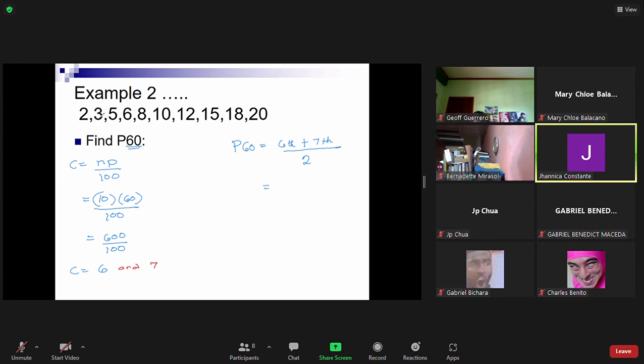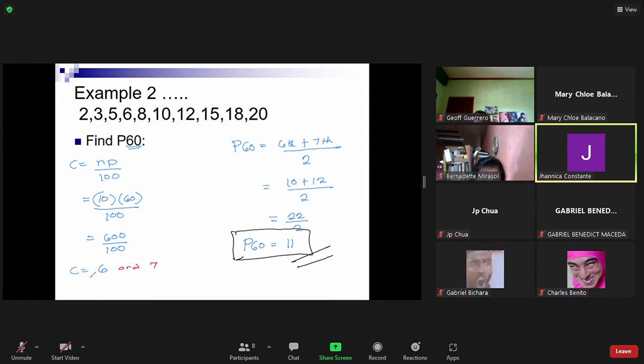The 6th position in the set of data that we have is 10, plus the 7th position, which is 12, divided by 2. So we have 22 divided by 2. So percentile 60 is equal to 11. So that is the value of the percentile 60 that we have.